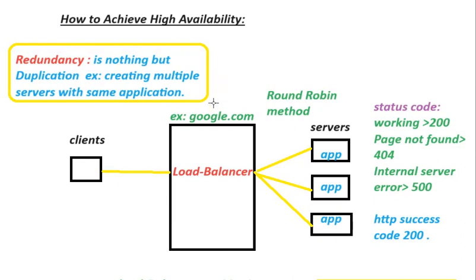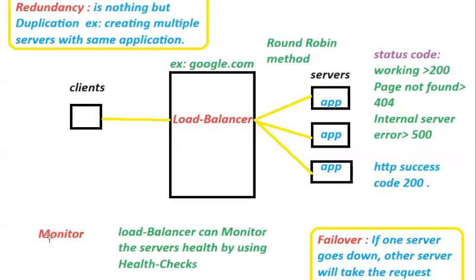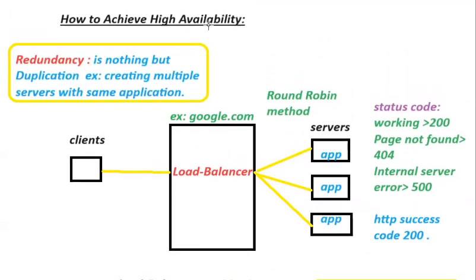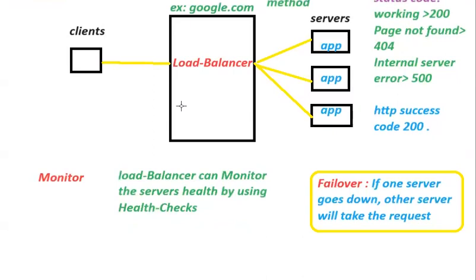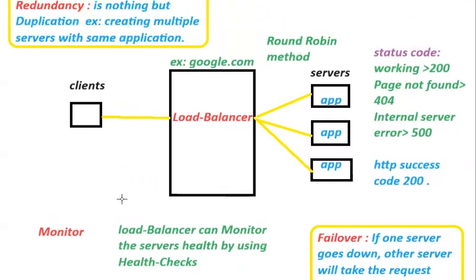Okay. Sir, you also said that monitoring as well as failover is needed to check high availability. Why do we need monitoring, sir? If there is no monitoring, do we get high availability? No. If we do not monitor using the load balancer, the client's traffic will be sent to unhealthy servers.